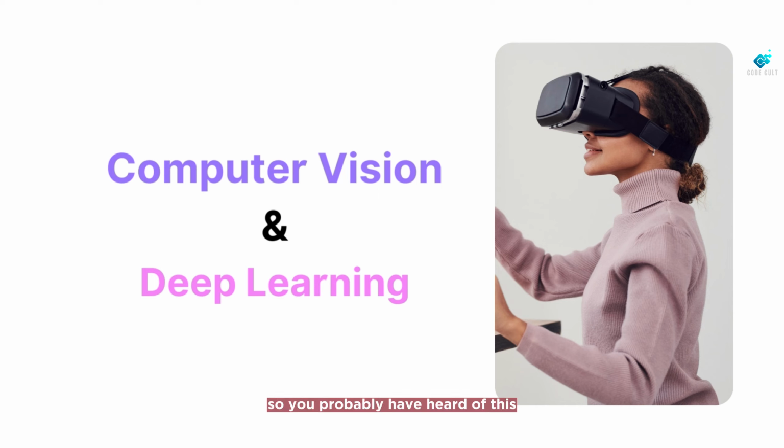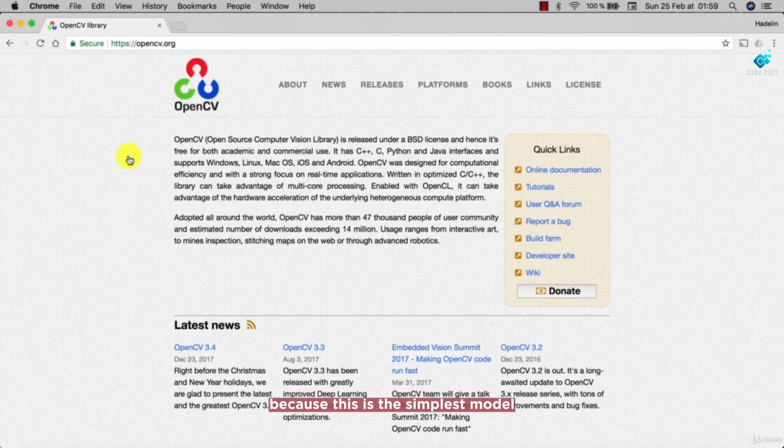So you probably have heard of this amazing computer vision library which is called OpenCV, but I'm telling you, the OpenCV library is far from being the best computer vision model used today. But it's good to start with this because this is the simplest model, it's very easy to understand, and this will warm you up for the real deal that is deep learning. So start with OpenCV, you have a lot of documentation online, you have amazing courses on the internet.